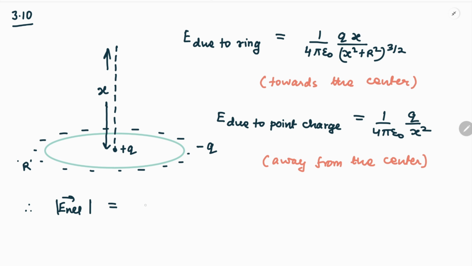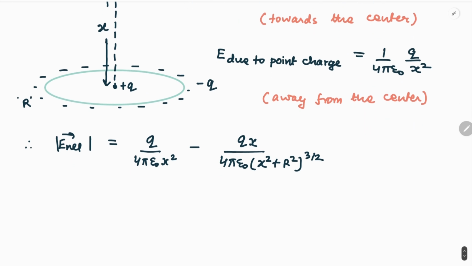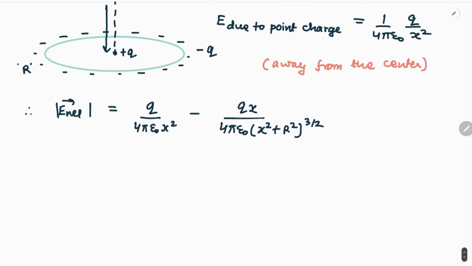Therefore we can write it as Q upon 4 pi epsilon naught x square minus Qx upon 4 pi epsilon naught (x square plus r square) to the power 3 by 2. So this is the term that we have. Now all we need to do is to resolve this term and use the condition x greater than r.